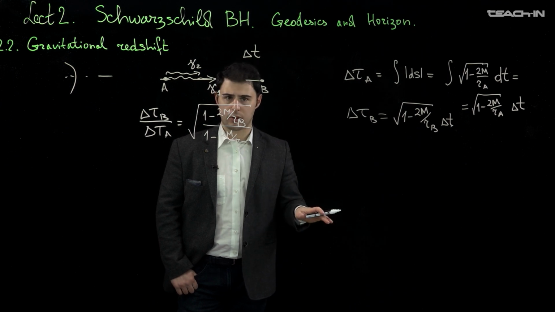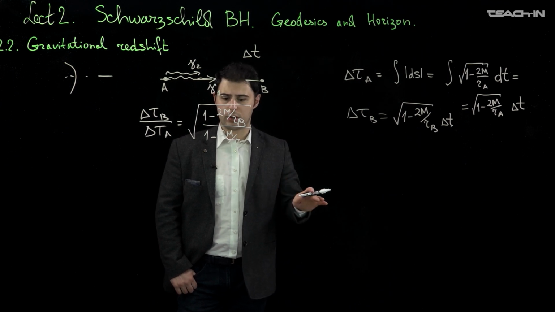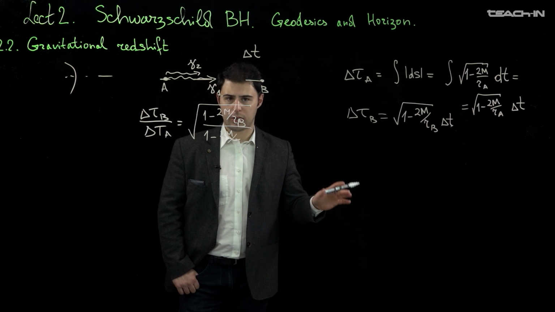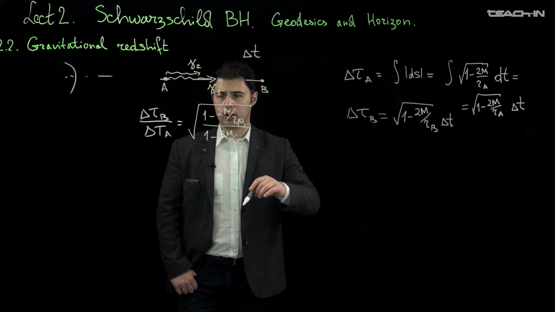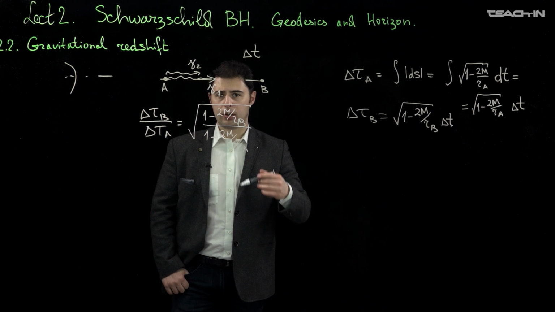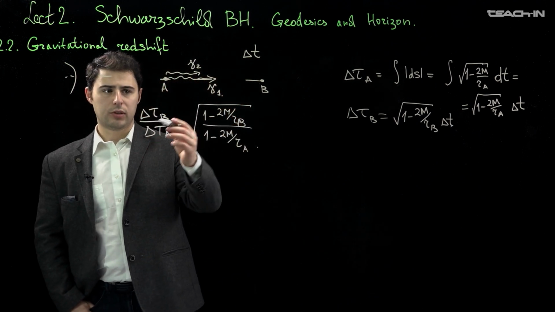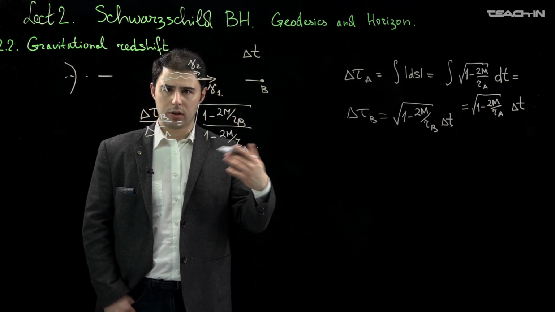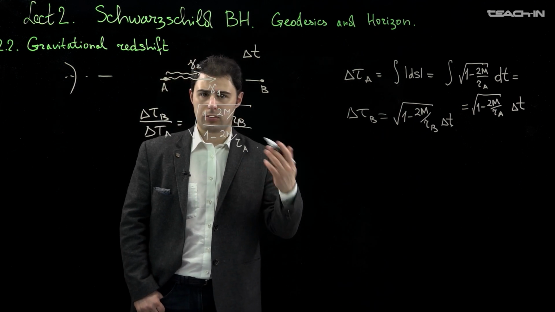Since we set the speed of light to 1, the ratio of the wavelengths is the same as the ratio of the periods.